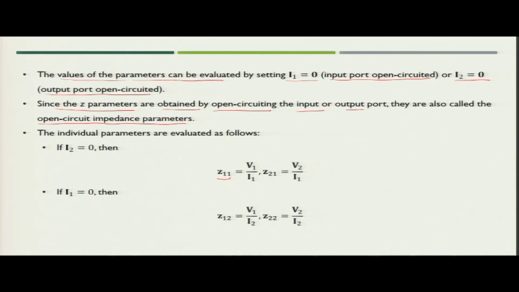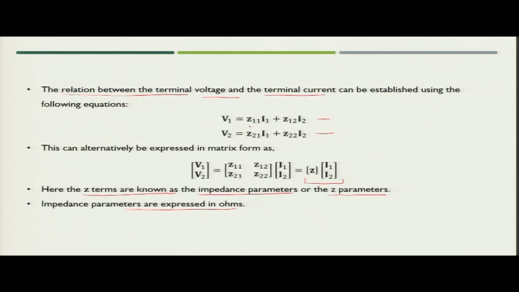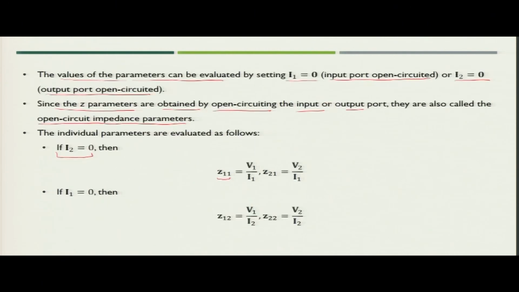So, if you put the current I2 equal to 0 in this particular equation, you will get Z11 as nothing but V1 upon I1, and when you put I2 equal to 0 in this equation, Z21 will become V2 upon I1. So now you see that Z11 is V1 upon I1 and Z21 is V2 upon I1.